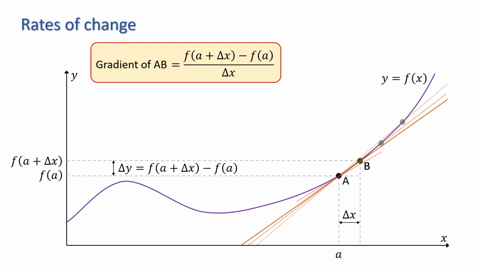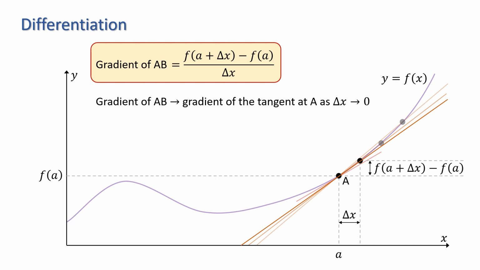Provided the curve is continuous, we can say that in the limit, the gradient of AB tends to the gradient of the tangent at A as delta x tends to 0. Thus, if we can find that limit for a known function, we have a way of calculating the rate of change of f. This is what we call differentiation.